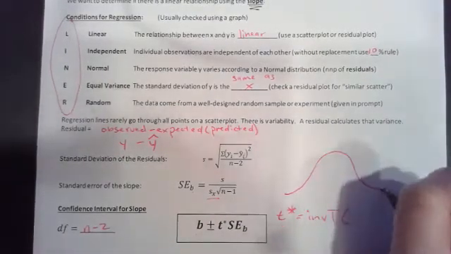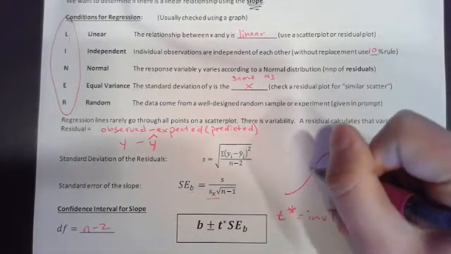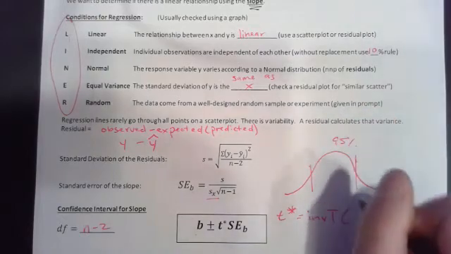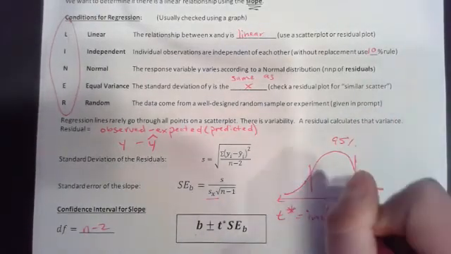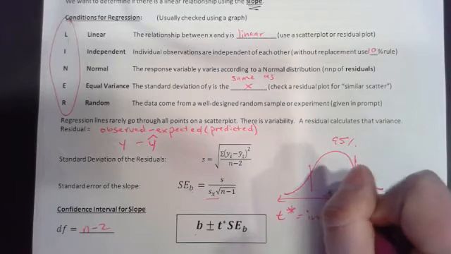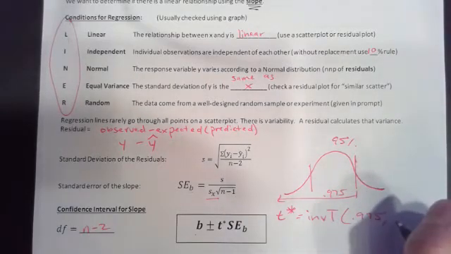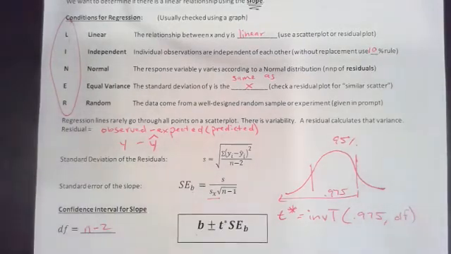So say we wanted a 95% confidence level, keep in mind, if that's 95%, we want to use everything to the left, which would be 0.975, and then whatever that degrees of freedom would be. So area under the curve, degrees of freedom.